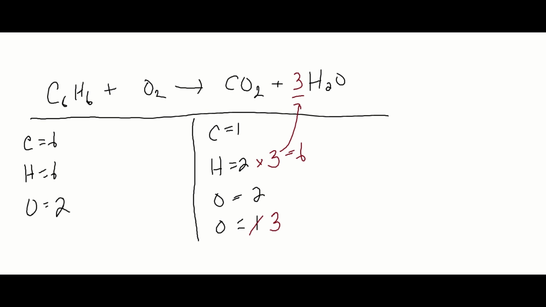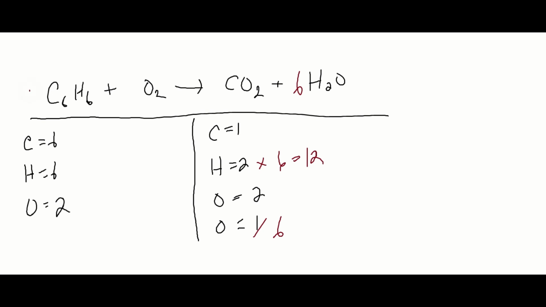So without wasting too much time, I need to rebalance the H's. I'm just going to double what I tried. So instead of 3, I'm going to do 6. That way I get an even number of oxygens on the product side. The reactant can only be even numbers. All right, so that'll give me 12 hydrogens, and that'll give me 6 oxygens from the water molecule.